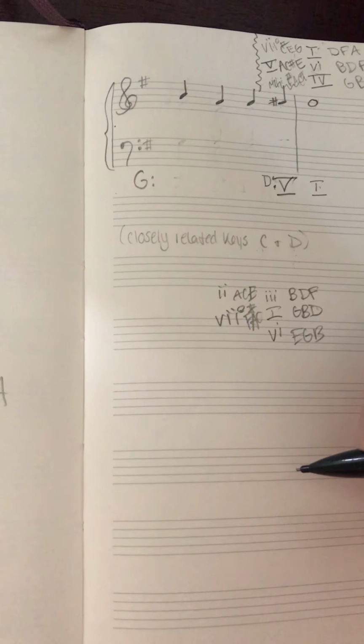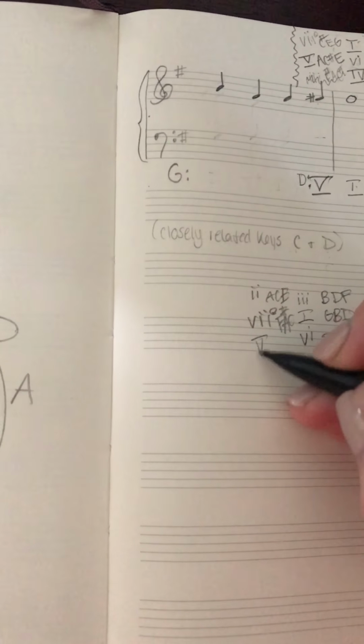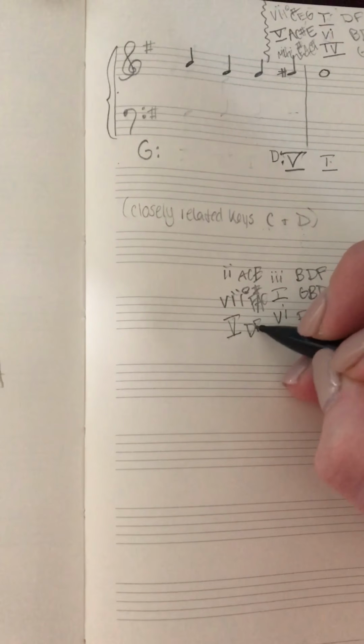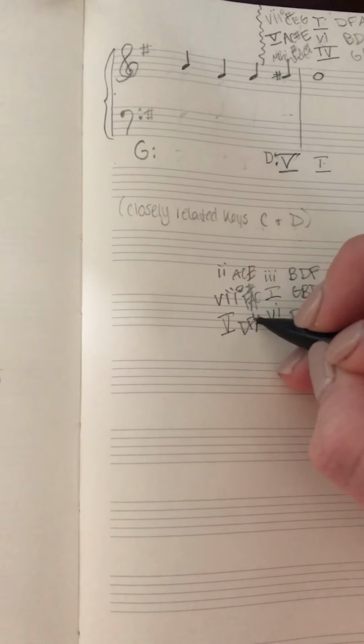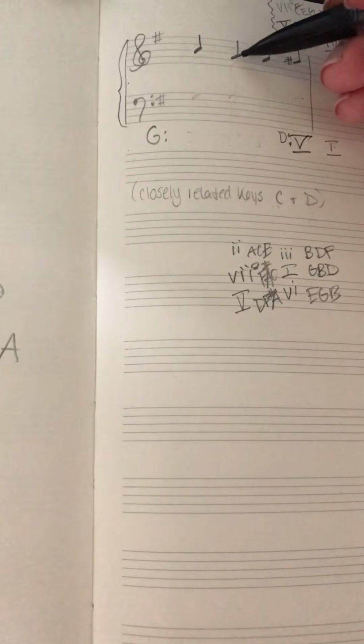And last one is going to be 5, D, F sharp, A. All right, so that is our A note here.